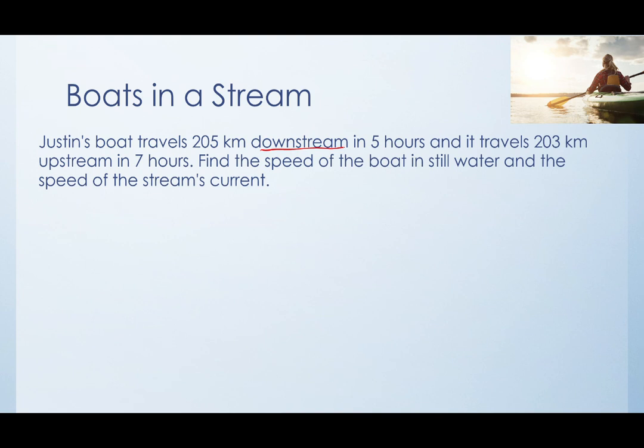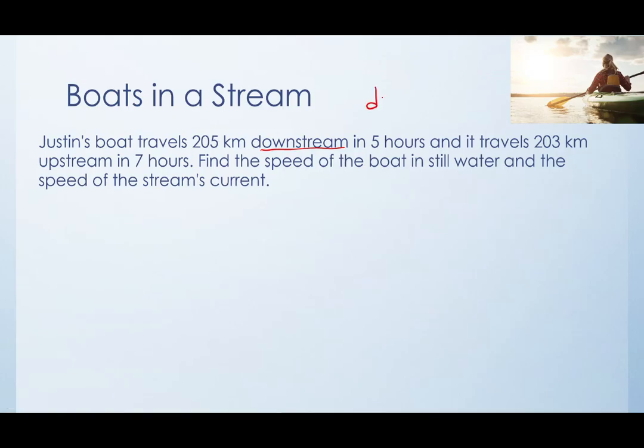We want to find the speed of the boat in still water and the speed of the stream's current. One thing we have to remember is that distance equals rate times time. That's an important equation that is assumed to be known here.